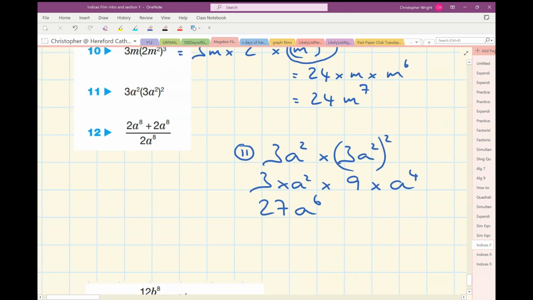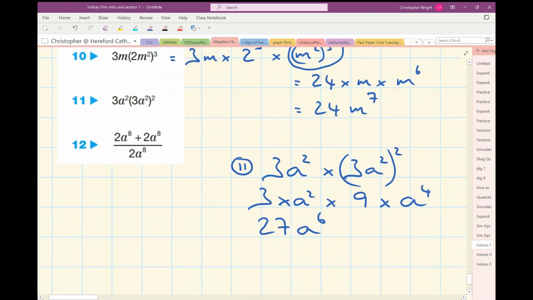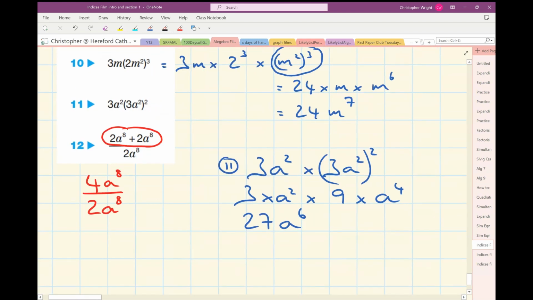Number 12. Let's have a look at number 12. Now, the denominator here, sorry, the numerator, I beg your pardon, 2a to the 8 plus 2a to the 8 is 4a to the 8. And 4a to the 8 divided by 2a to the 8. Well, you might just say to yourself, I know that there are 2a to the 8s in 4a to the 8.